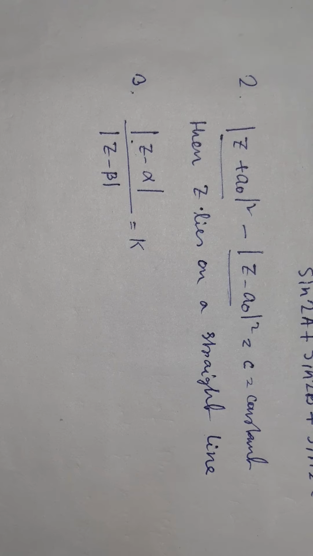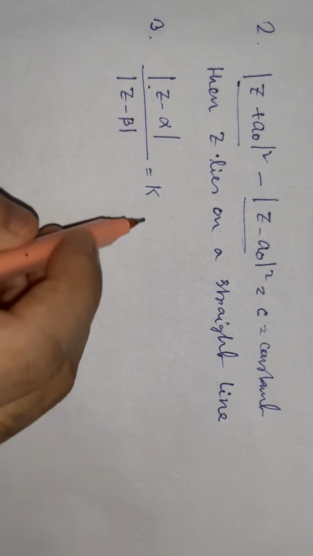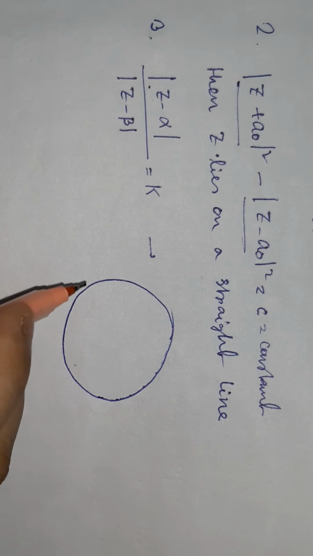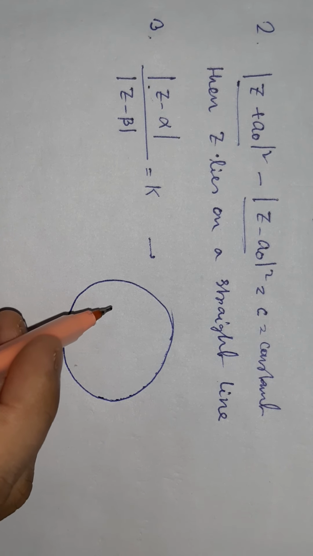What does the circle look like, and what are alpha, beta and the actual k?